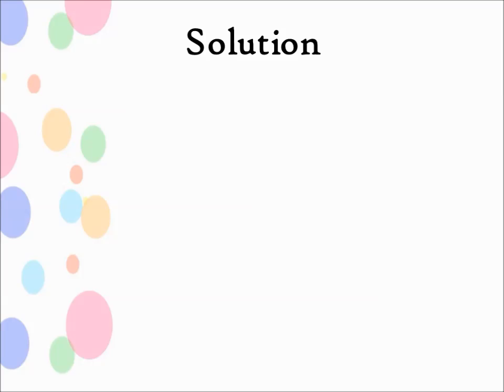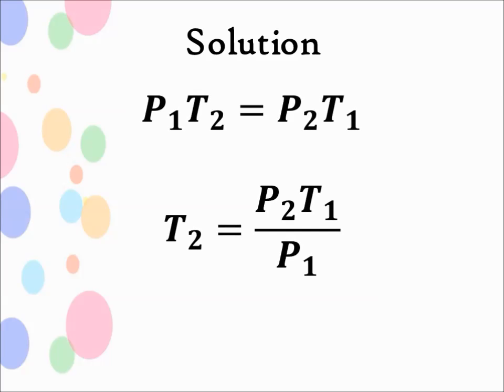So for the solution, let's rewrite the formula first. So P1 T2 equals P2 T1. Now we're looking for T2, so we divide both sides by P1, giving us temperature 2 equals pressure 2 times temperature 1 divided by pressure 1.